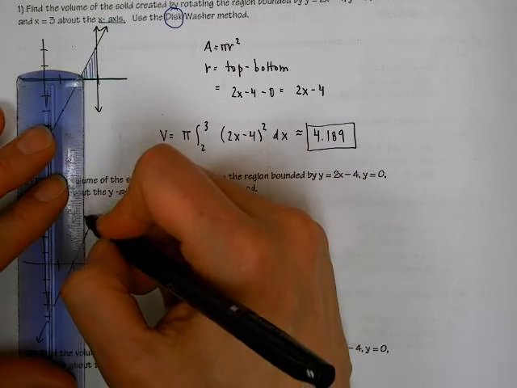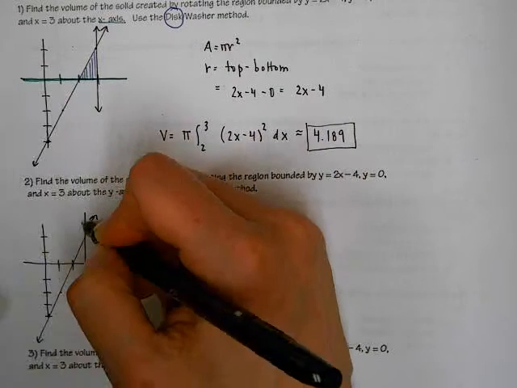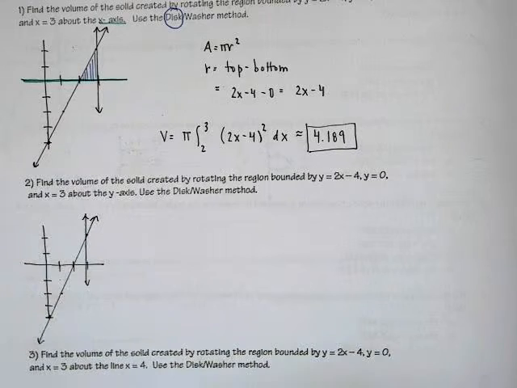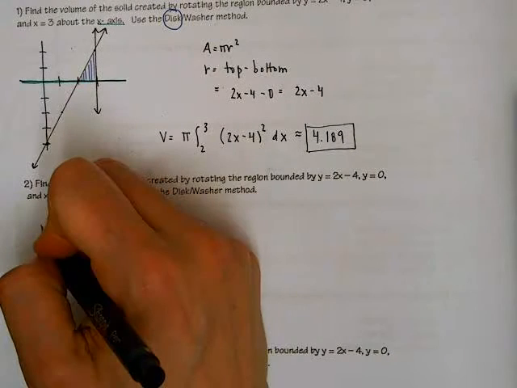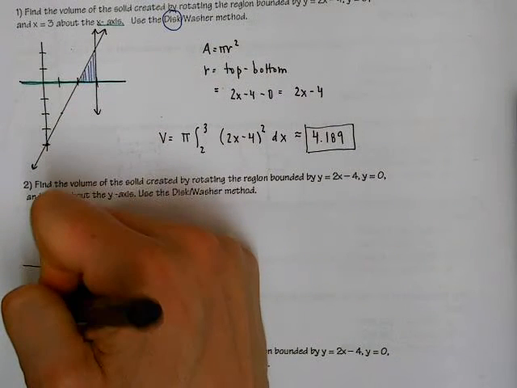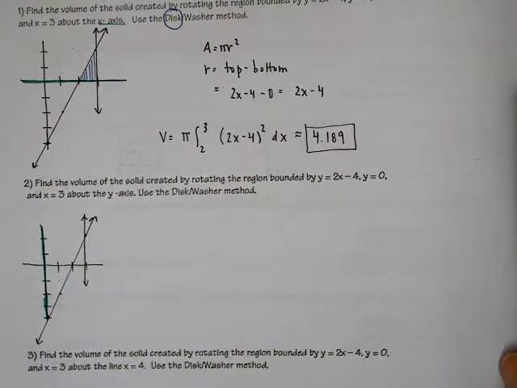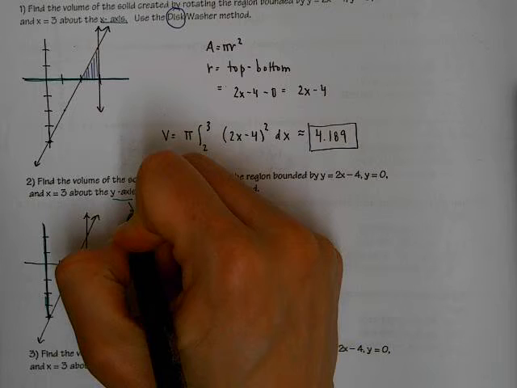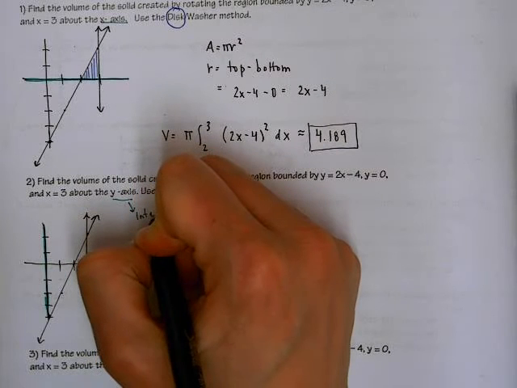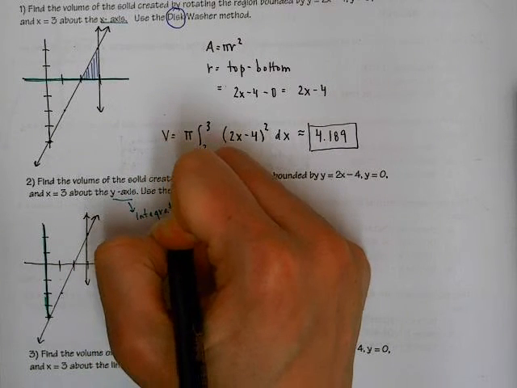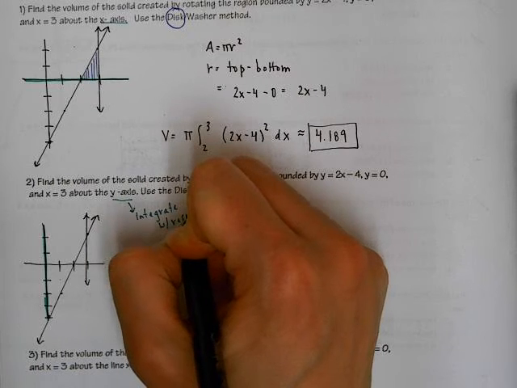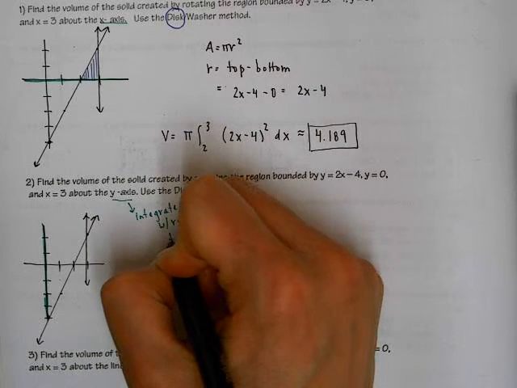Here's x equals 3. And now I'm going about the y-axis, so here's my axis of revolution. I also know that means I have to integrate with respect to y.